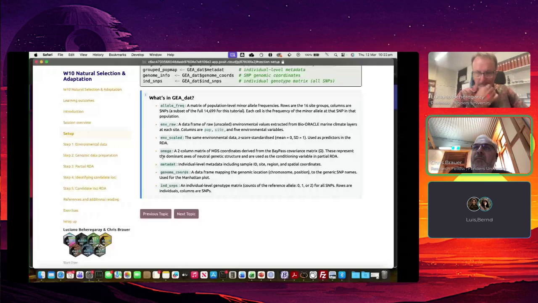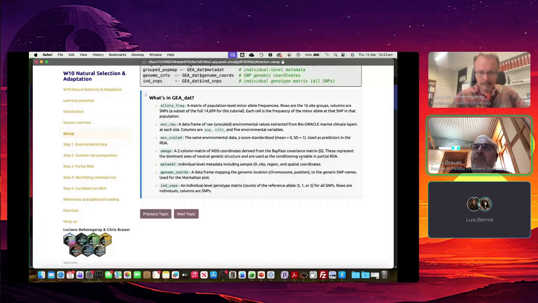The omega matrix is essentially the allele frequency covariance matrix that we're going to use as our model of neutral population structure. This particular one was generated with the software BayPass. There are other ways to do that, of course. And then there's some information about the samples and the geographic coordinates.